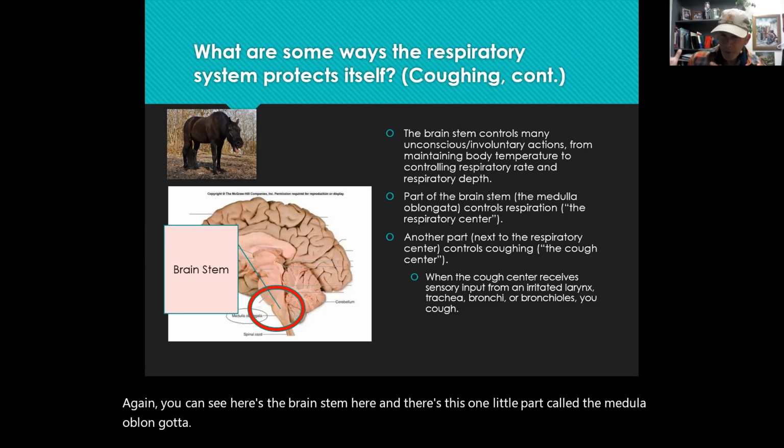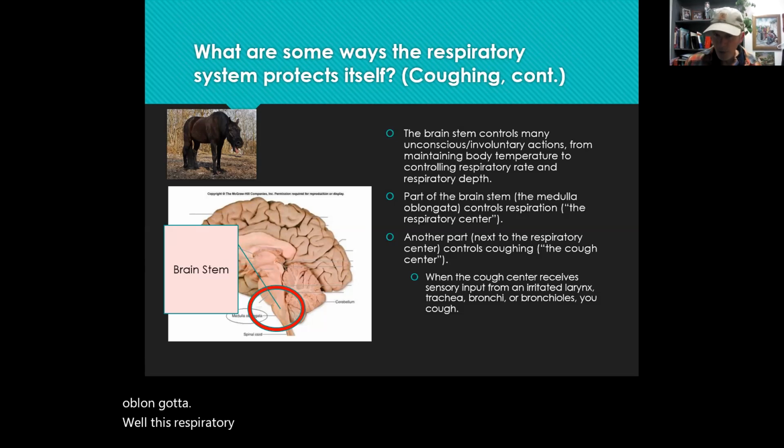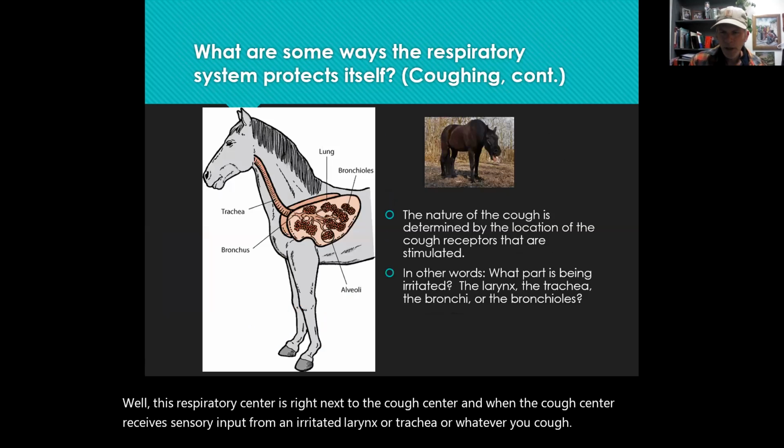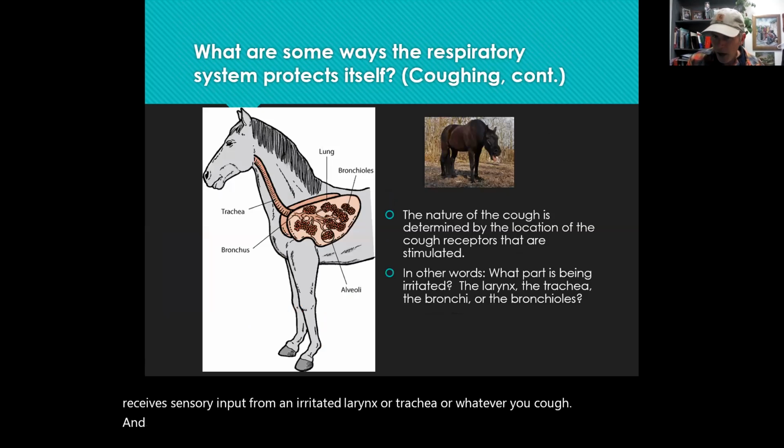Well, this respiratory center is right next to the cough center. And when the cough center receives sensory input from an irritated larynx or trachea or whatever, you cough. And the nature of the cough is determined by the location of the cough receptors.